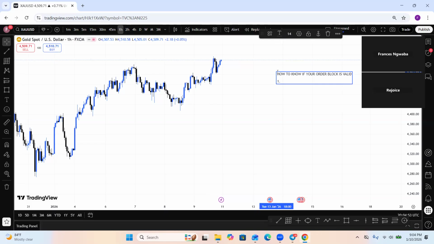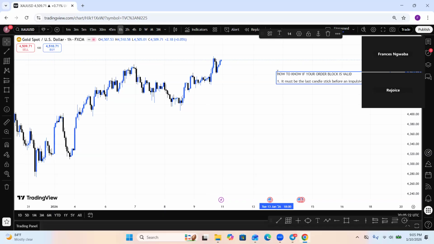Number one, it must be the last candlestick before an impulsive movement that breaks a structure.